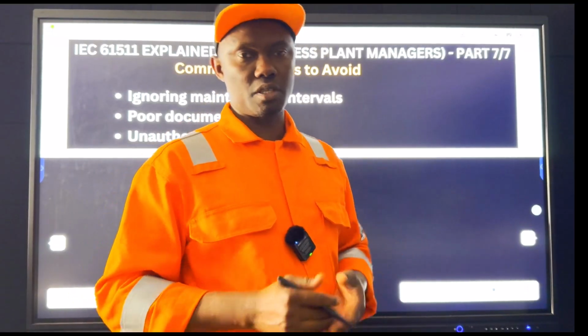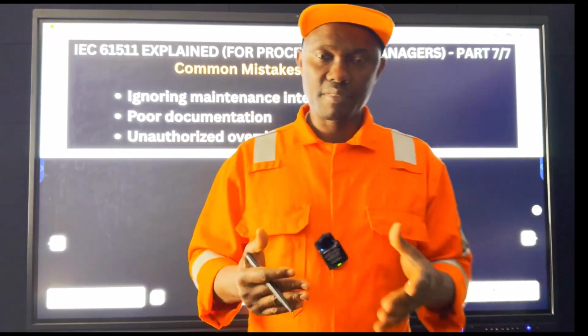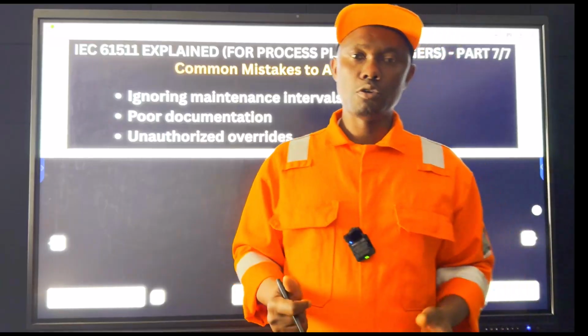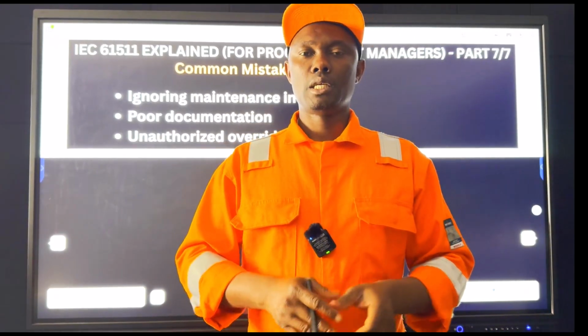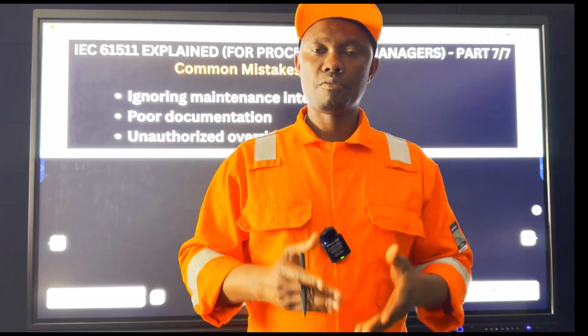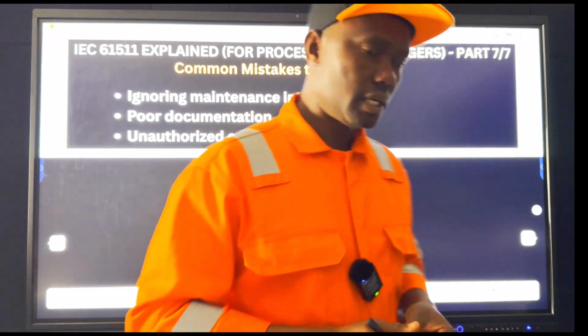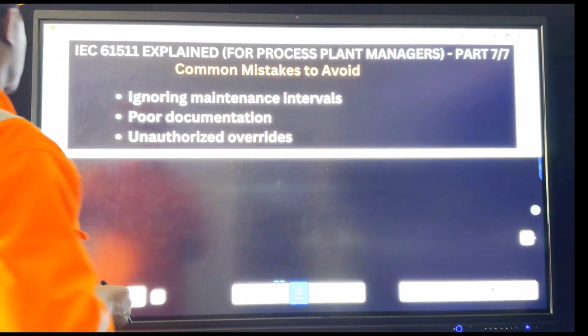You don't forget, because if you forget, when the safety instrumented system or the safe loop is called on demand for trip functionality, it may not be there, and you will find out that there could be a catastrophic accident. Okay?